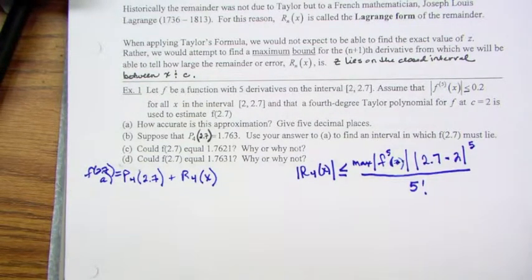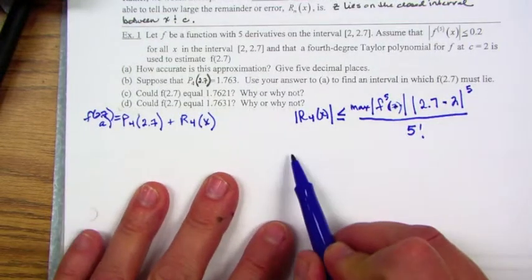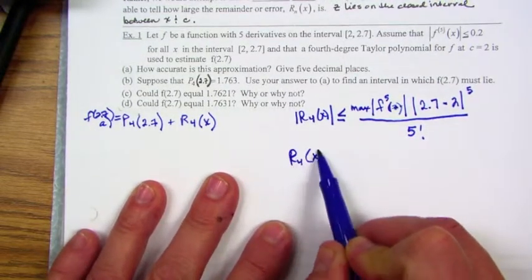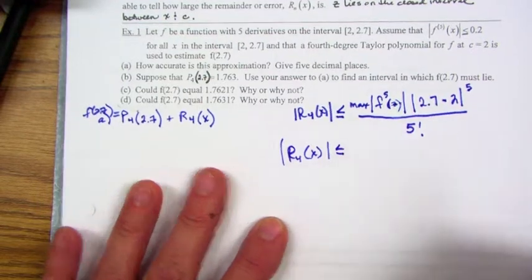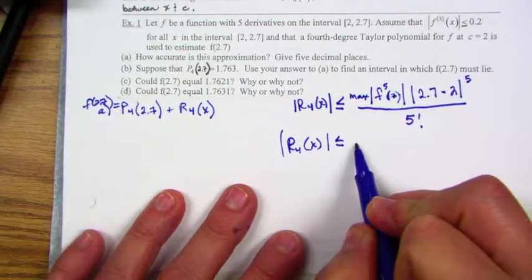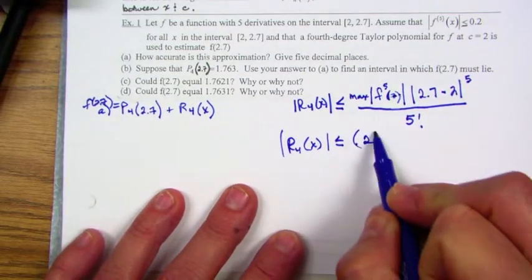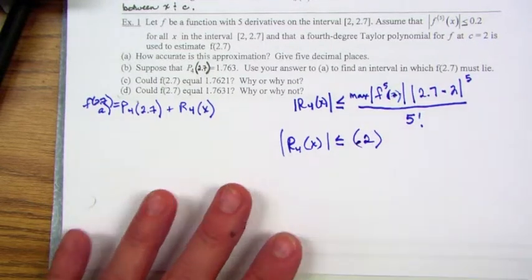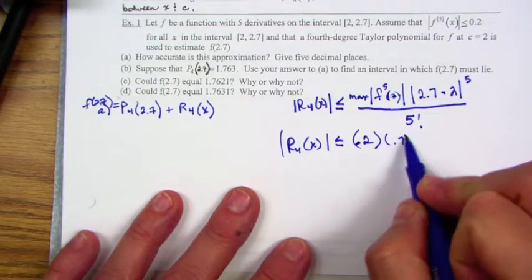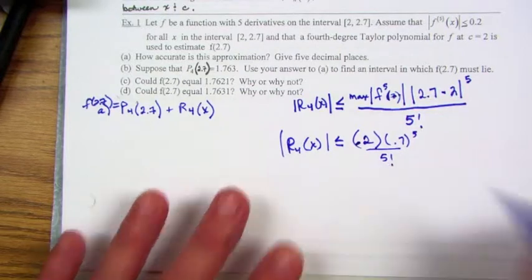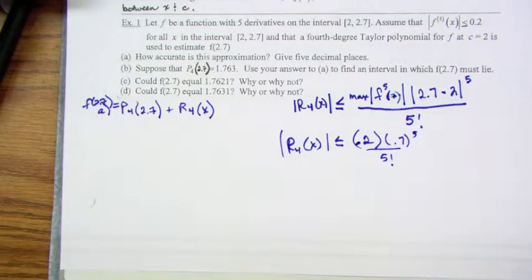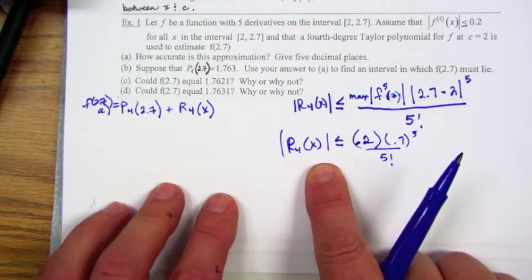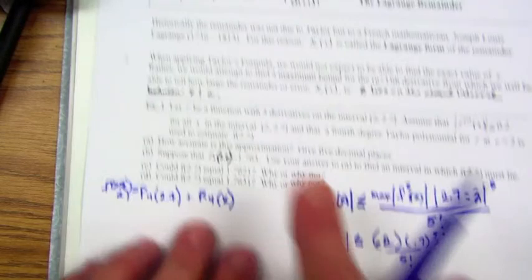Okay? So in this particular problem, they gave me the max the next derivative could be, didn't they? Yes. And it is what? 0.2 times, and then this is going to be 0.7 to the fifth over 5 factorial, right? And should that be the fourth, remainder of x, or is that c also? No, this is x. That is x. Just like it was up here.